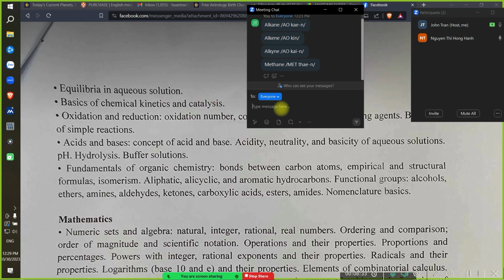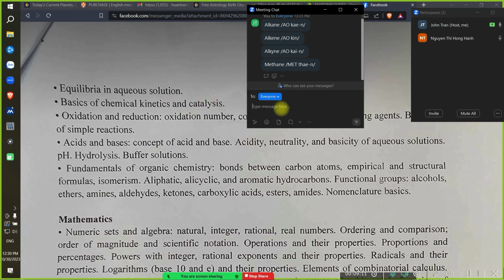So if we compare a sigma bond in the alkene with one pi bond in the alkyne, the sigma bond is stronger than the pi bond.